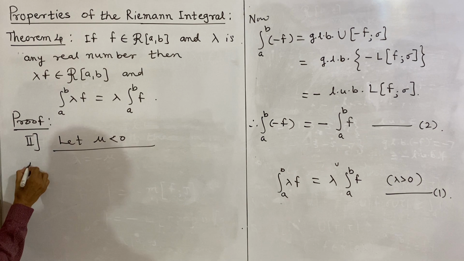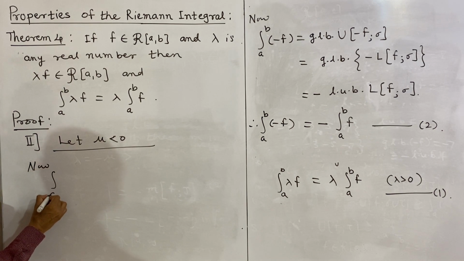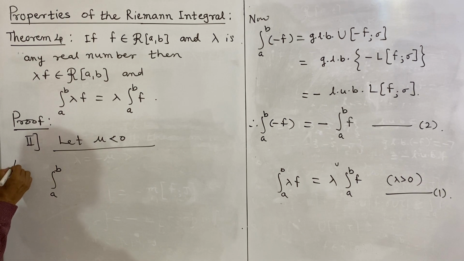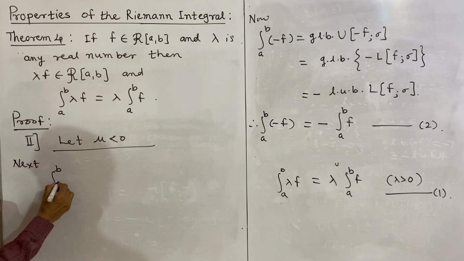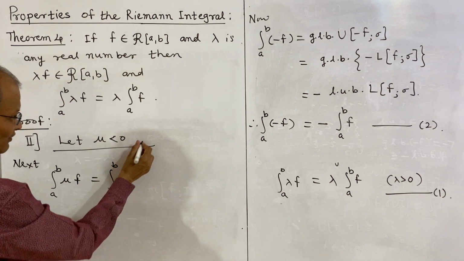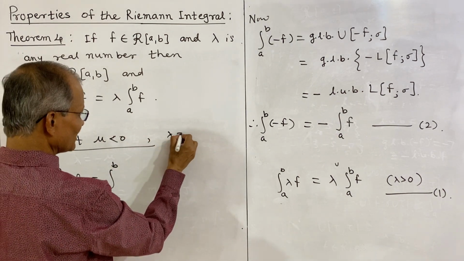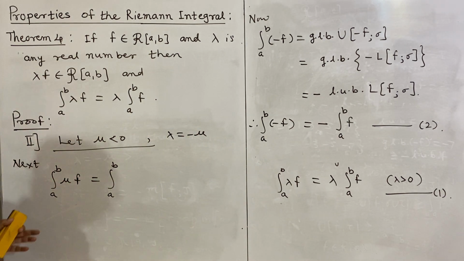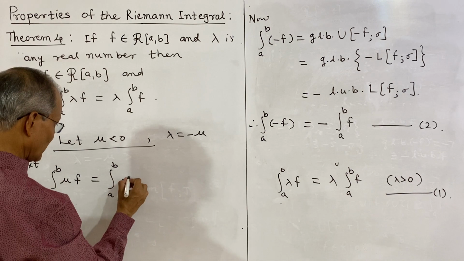So now the integral from a to b of mu f is equal to the integral from a to b of negative lambda f, where we have assumed lambda is negative mu, and therefore mu is negative lambda.